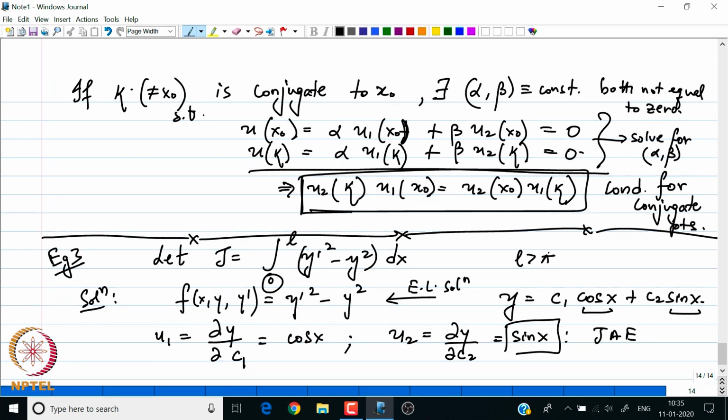So, what we have is the following. Consider my u2, which is equal to sin of x. So, any point kappa which is conjugate to 0 for u2 will satisfy this starred relation above.